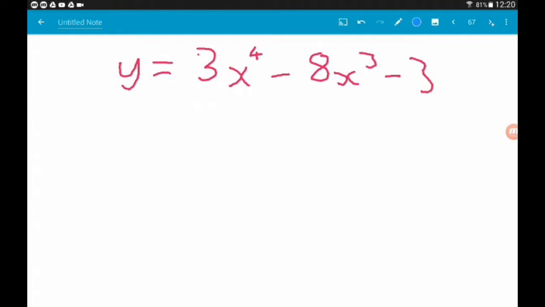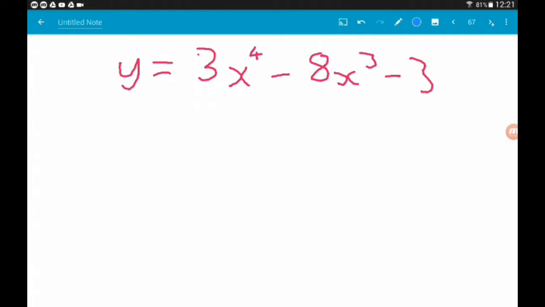So, first of all, to find the coordinates of the stationary points, we need to first of all differentiate to get the gradient of the function at any point on the curve.